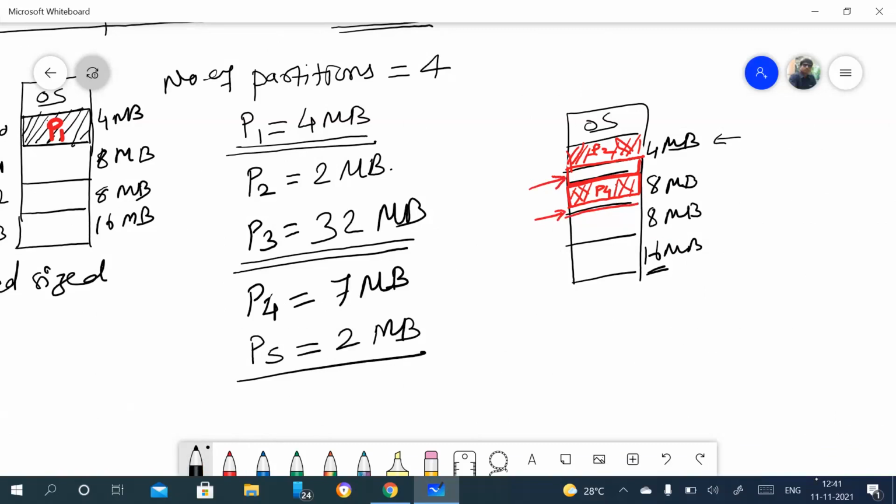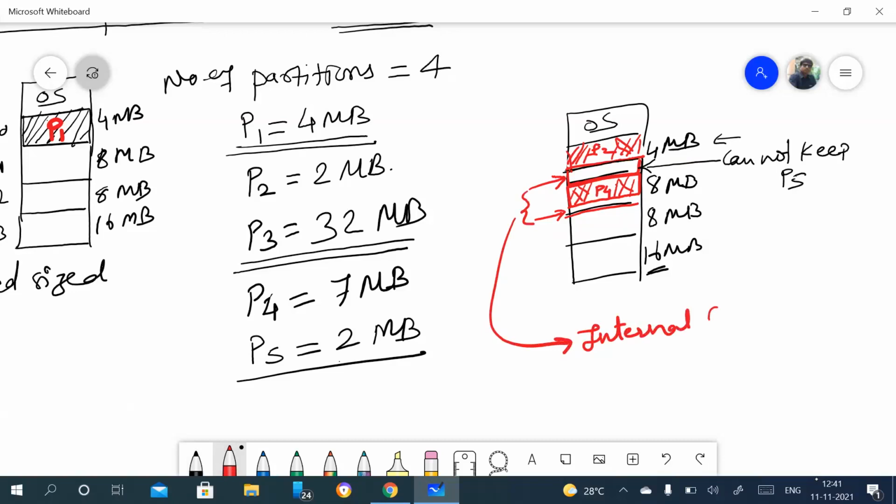In that case, this 2 MB process we cannot keep here, P5, because this portion is wasted, and this is called internal fragmentation.